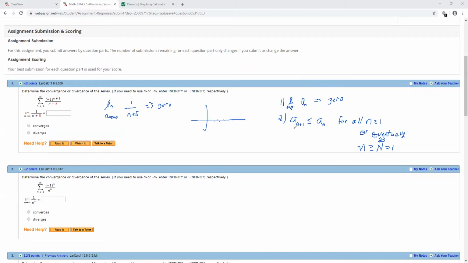So all you have to do now is write down a couple, and this is ignoring the negativeness, ignoring the -1 to the nth power, or n plus first power in this case. And what is the first term and the second term?